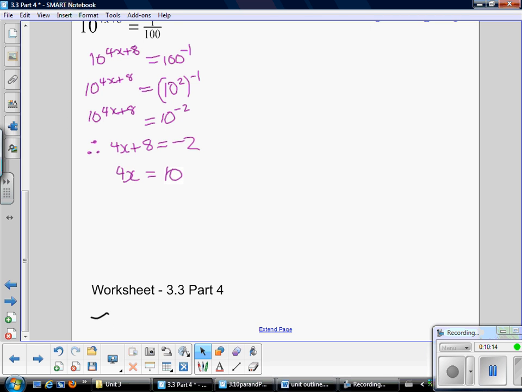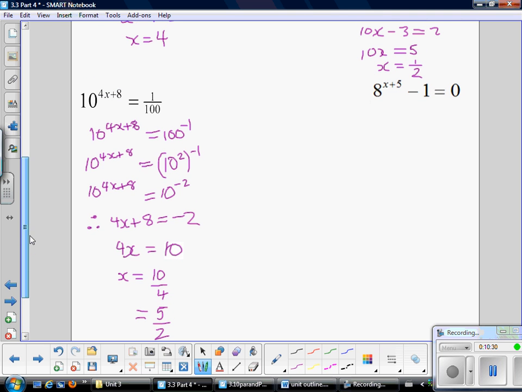So when I divide both sides by 4, what's going to happen? I'm going to have x equals negative 10 quarters, which is the same as negative 5 halves. Okay, so you can use the exponent laws to suit your purpose. So in this case, I didn't want a fraction, so I made it so it wasn't a fraction.